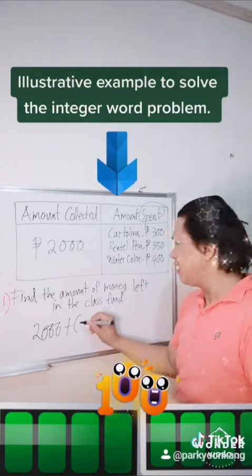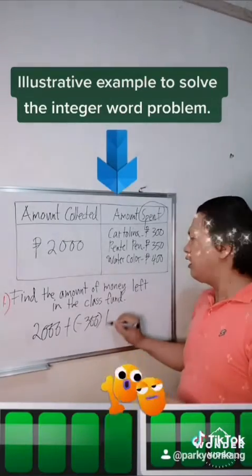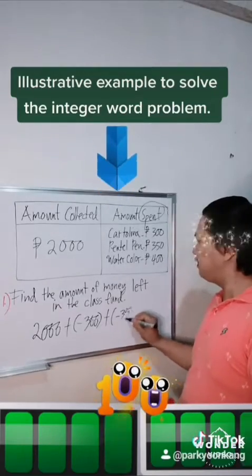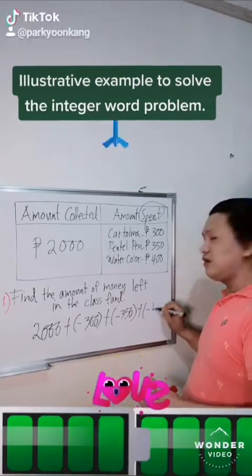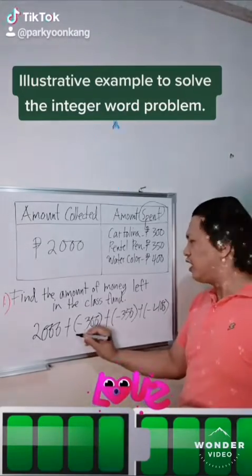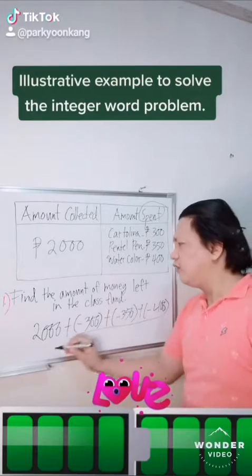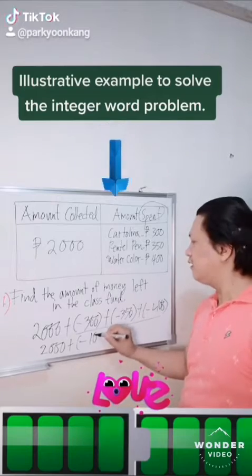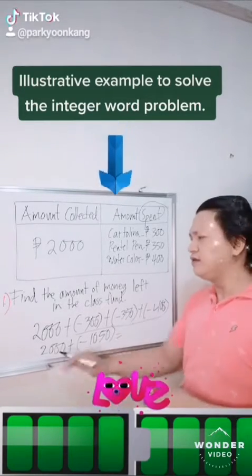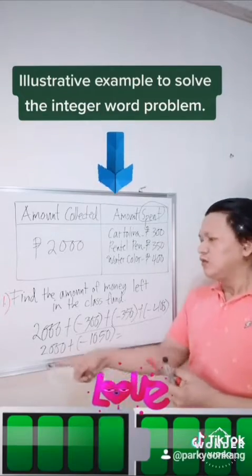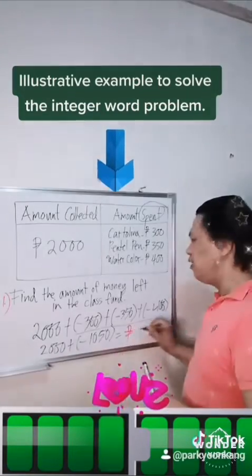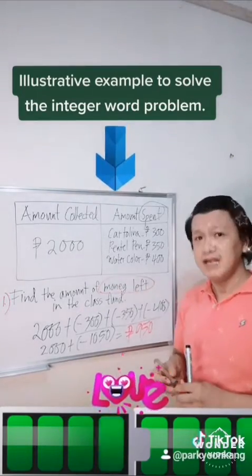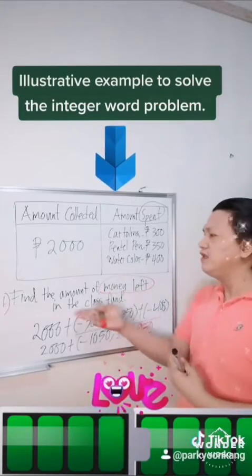Therefore represented by negative 300, and you are going to add all those spent, which is negative 350 plus negative 400, and then you are going to add all those negatives, and therefore we have 2,000 plus negative 1,050. And if you are going to add negative 1,050 to 2,000, therefore you only have 950 pesos, or that is the amount of money left in the class.